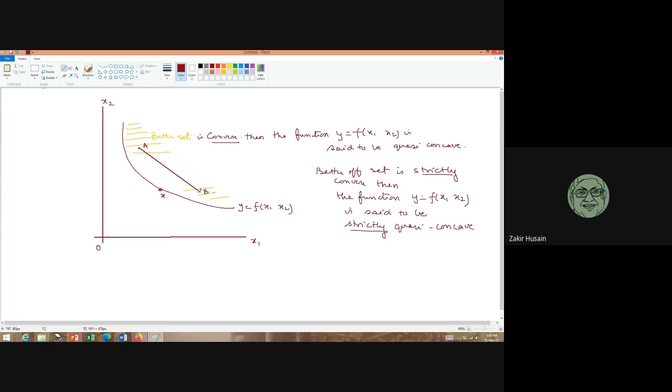What is the definition of a convex set? Remember, a convex set is defined as: we take two points in the set, we take the line segment, and all points on the line segment will be within the set.